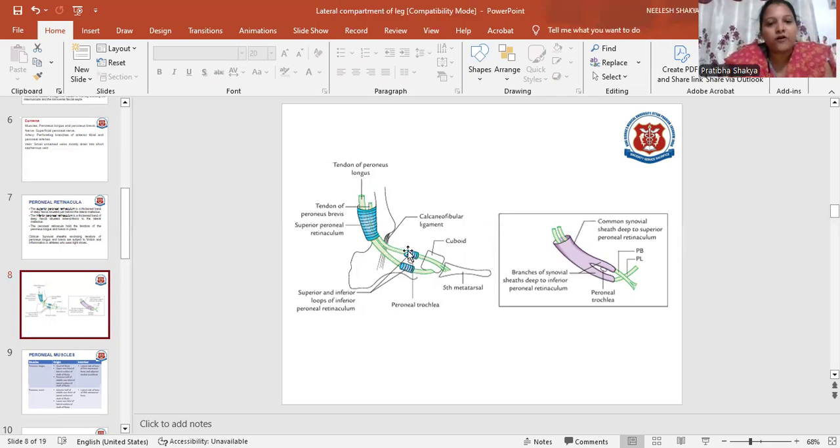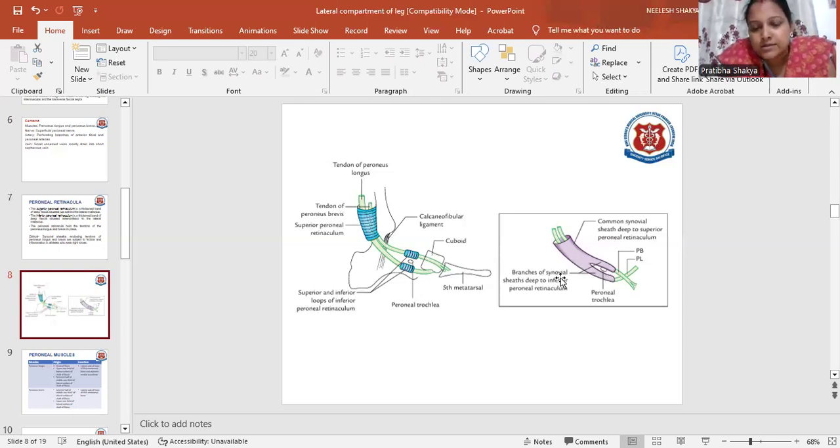Through the superior loop, tendon of the peroneus brevis passes and gets inserted on its insertion point, and through the inferior loop, tendon of the peroneus longus passes and gets inserted on its insertion point.